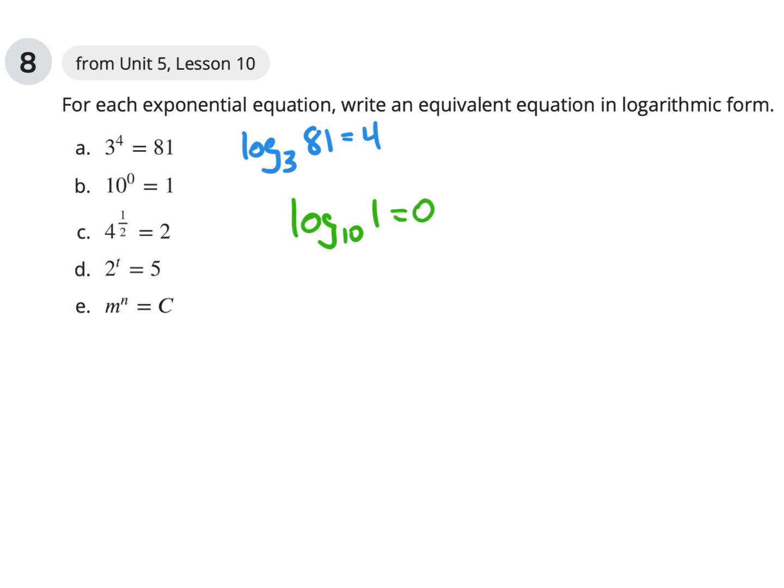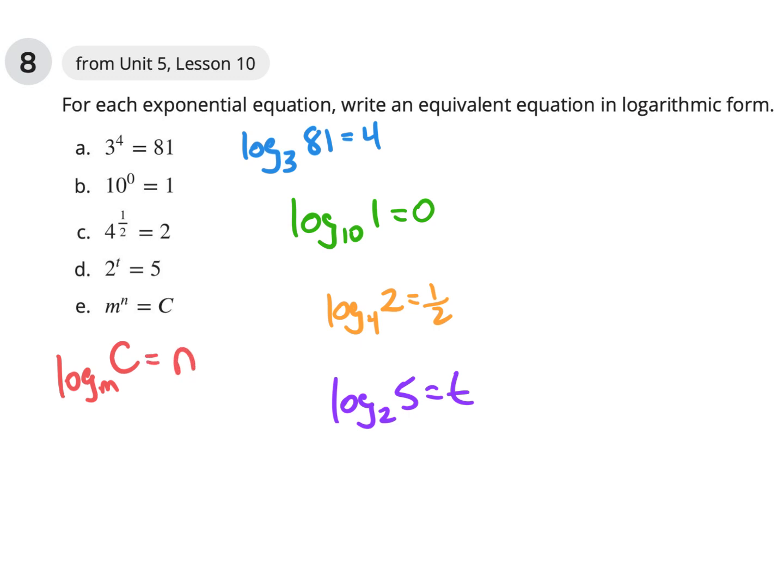For C, for D, and for E. So basically, to go from exponential form to log form, the answer and the exponent change. To go from log form to exponential form, the base comes up and the answer and the exponent change.